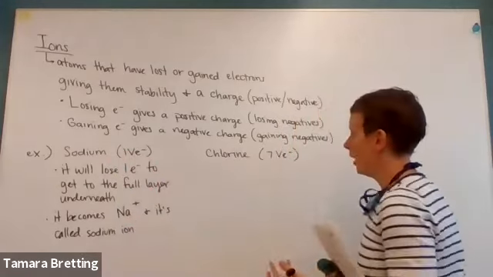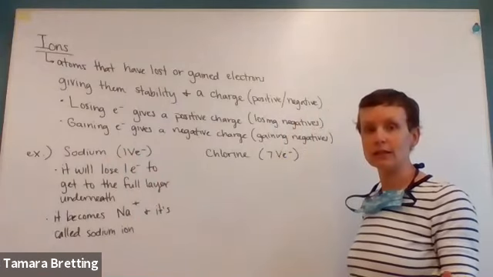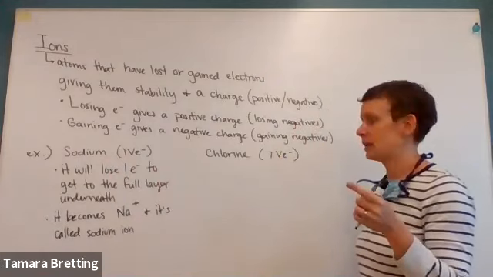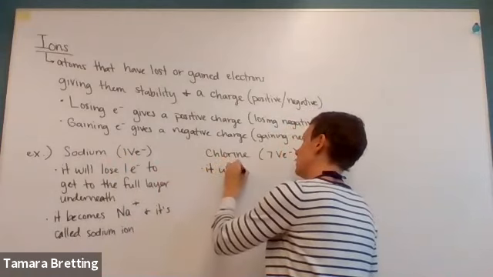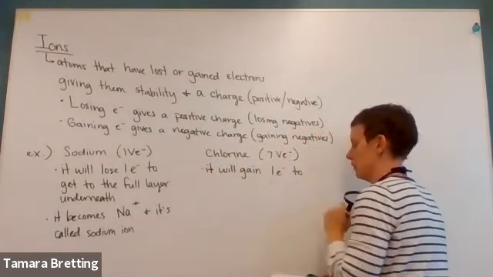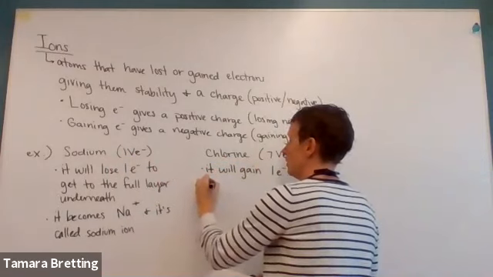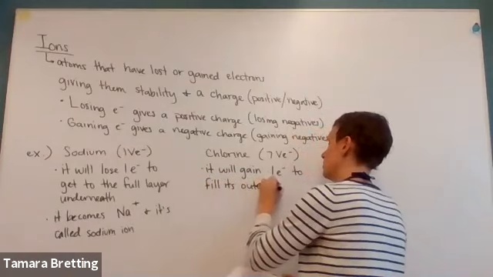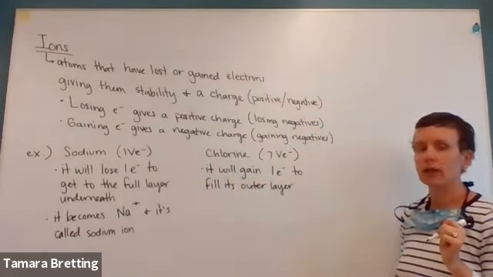Okay. All right, chlorine, 7 valence electrons, super close to 8. It wants to be stable with 8, and because it's only 1 away, it's going to gain 1 electron to fill its outer layer.